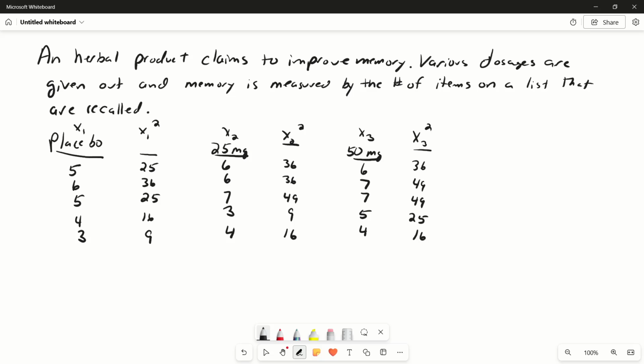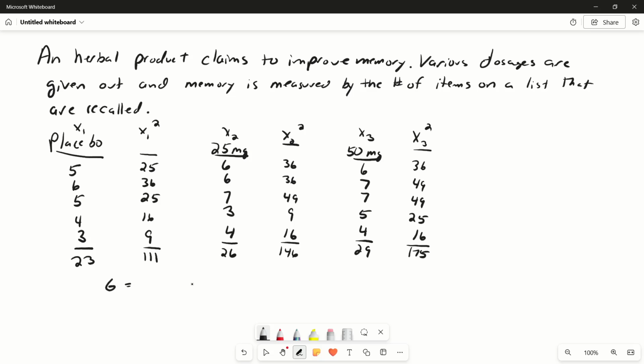Now that you have the 6 columns set up, you're going to add up all 6 columns. Once you get all 6 columns added up, the next step is to find the grand total.